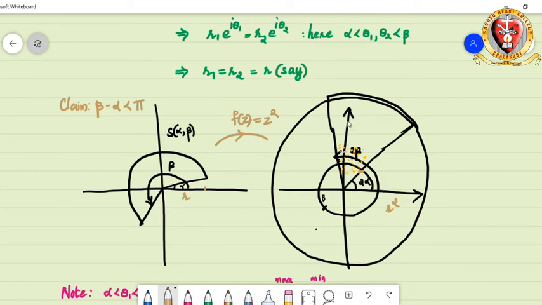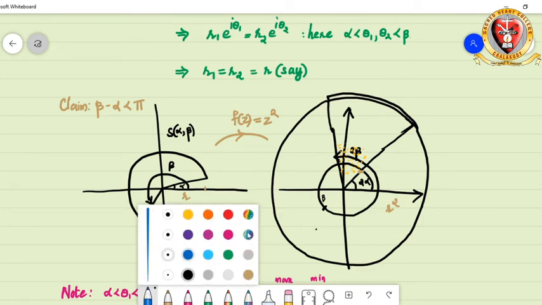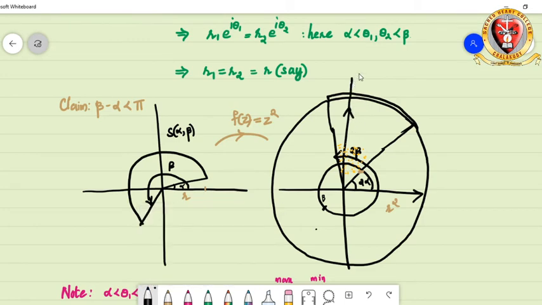This is the y-axis, that means the imaginary axis. So here you can see this is the imaginary axis, Im of z, and this is the beta. It started from here and ended up here. Our 2 alpha was here.